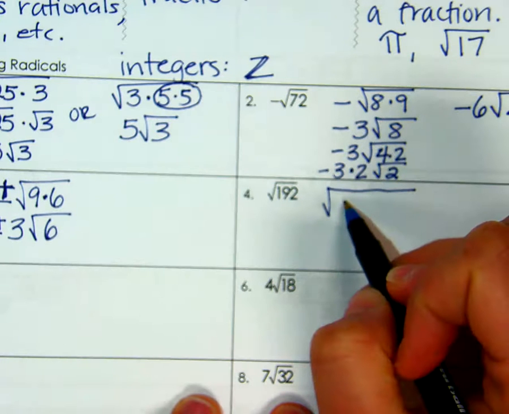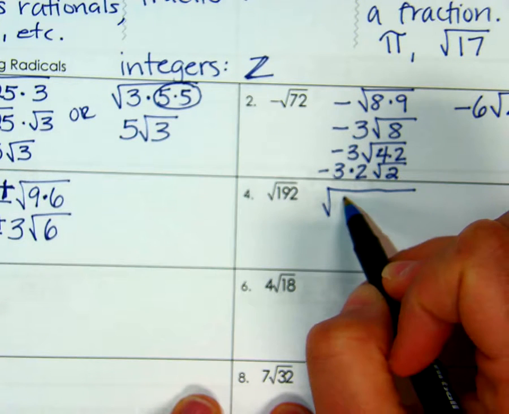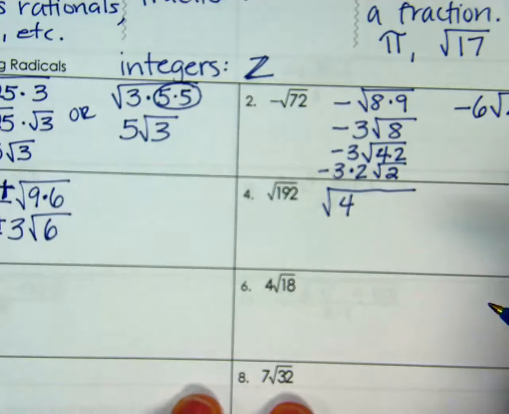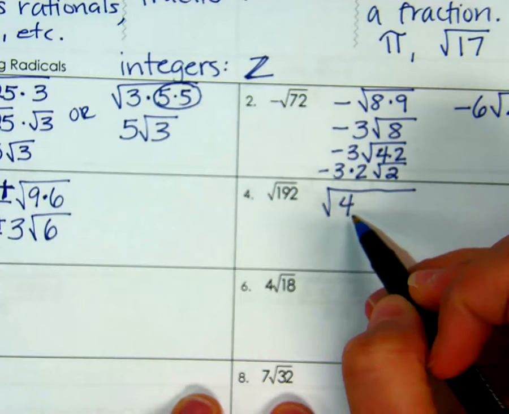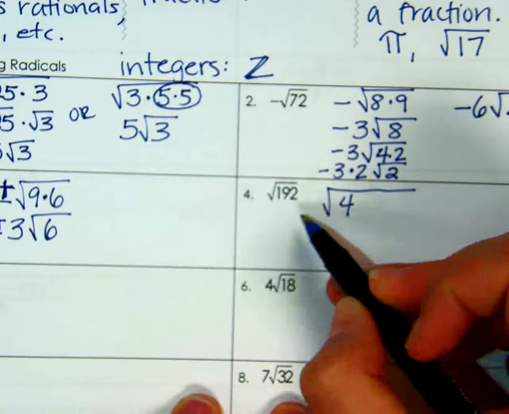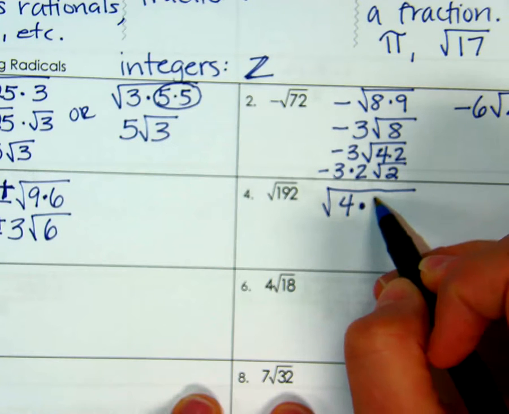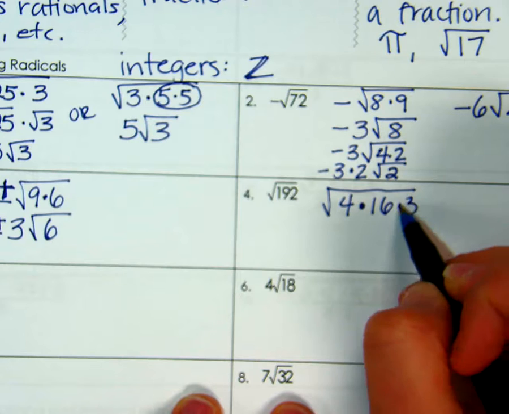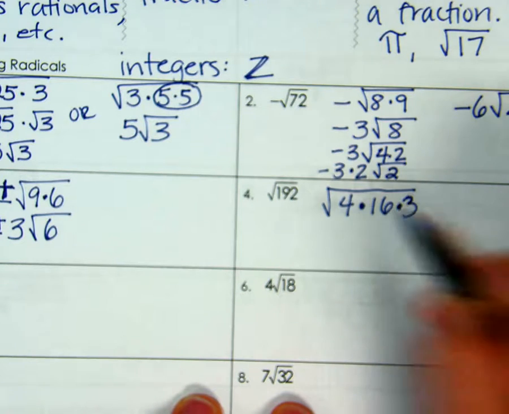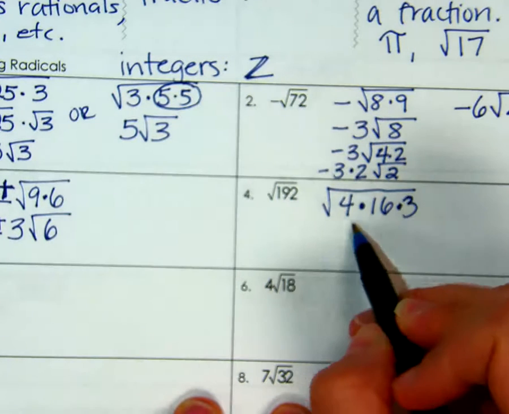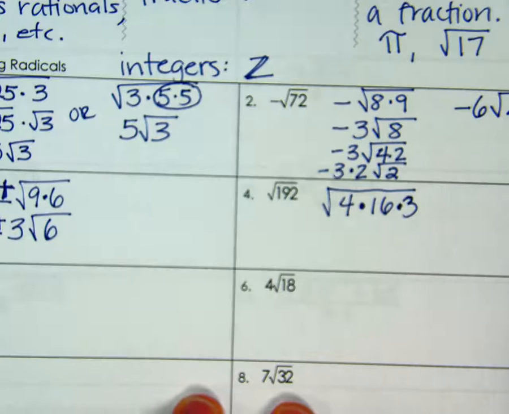If I do 192 divided by 4, I know 200 divided by 4 is 50. So 192, there's 2 less 4's in there, so it's going to be 48, and I know 48 is 16 times 3. So I certainly have not broken it down into its prime factorization, but I have found 2 perfect squares with the remaining 3 that will have to stay underneath.